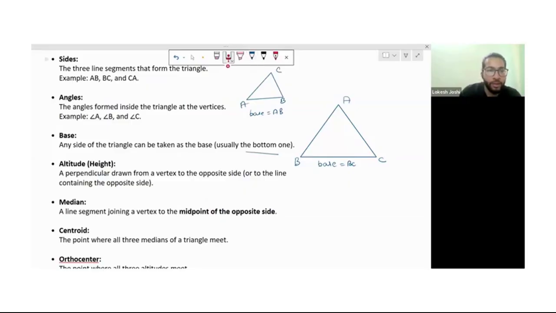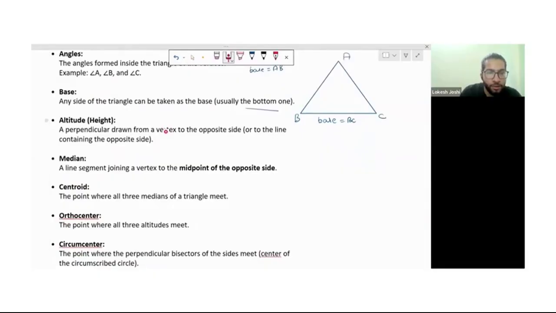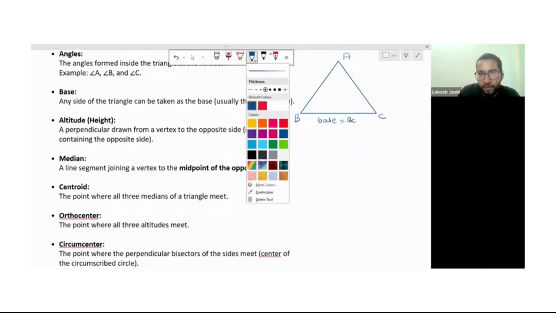Okay, now the next one, altitude. So a perpendicular drawn from a vertex to the opposite side. Okay, so we all know what the vertex actually is. So now we will draw some perpendicular so it will be more clear to you. Now in this triangle ABC, A is one of the vertices.